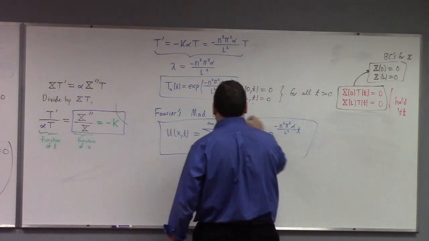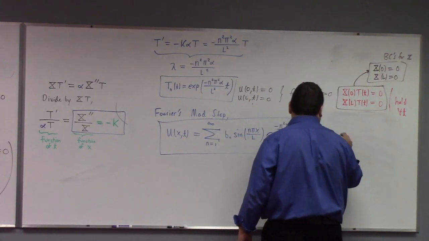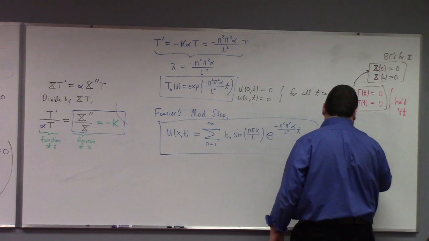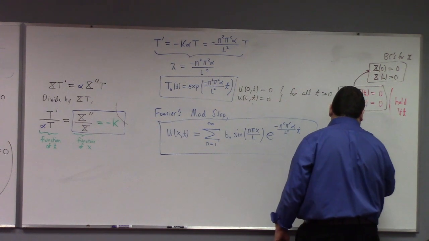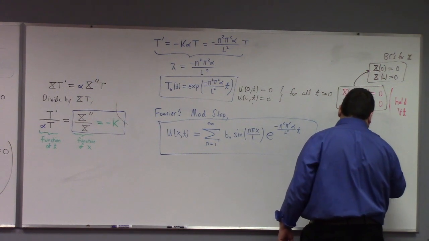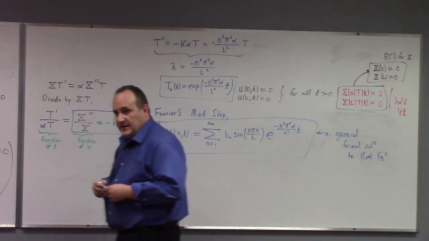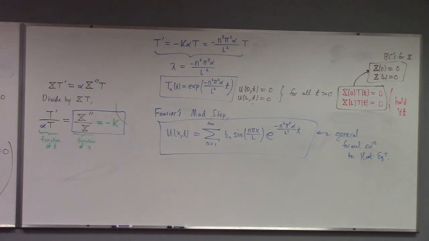And this right here is the general, let's say, formal solution to the heat equation. That's as far as we can go with the data which I've so far given you.